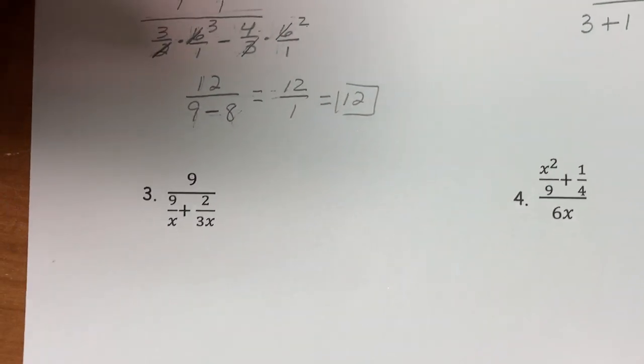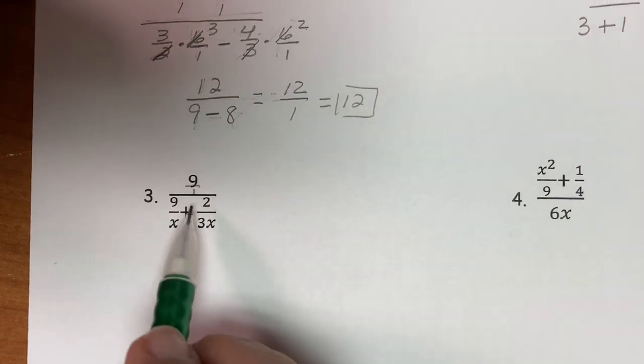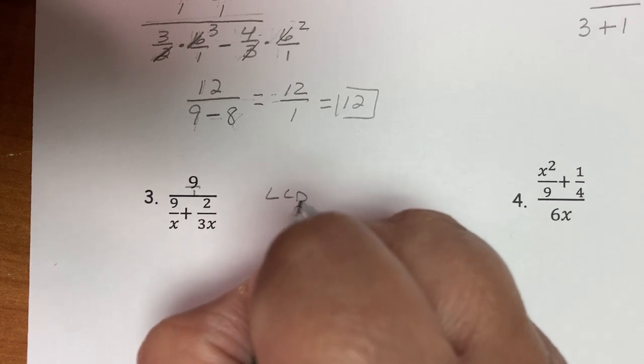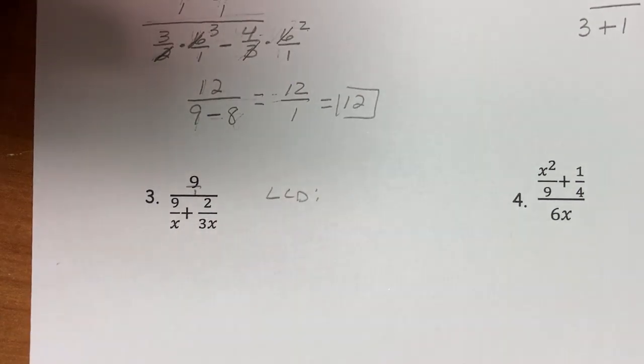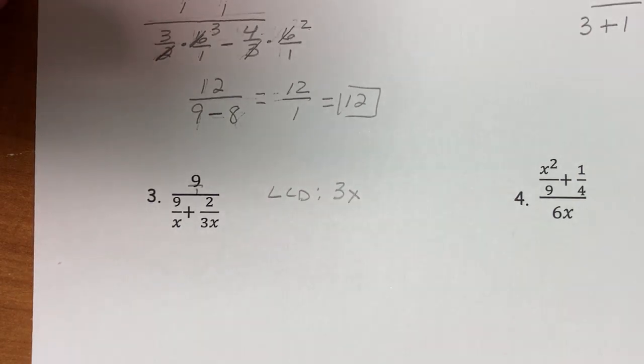Let's look at number 3. So now again, this is really 9 over 1 on the top. So if I look at all the denominators, 1, x and 3x, what is my LCD? Well, it's 3x. So I'm going to multiply every single fraction by 3x over 1.